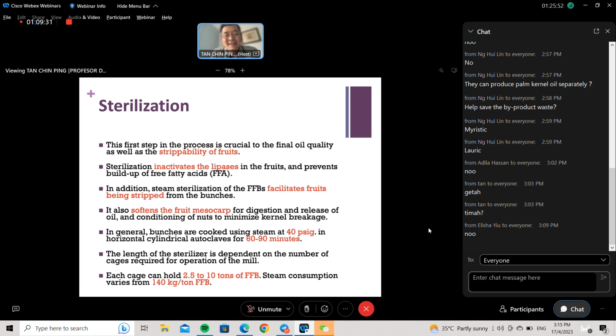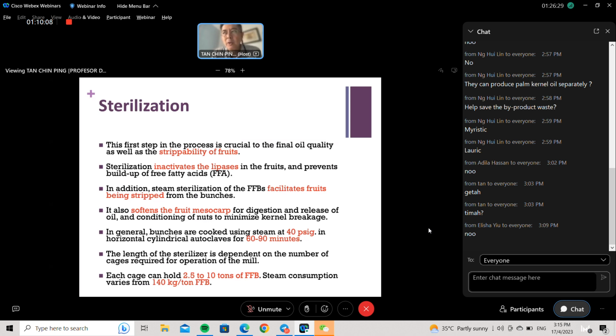Which is to inactivate the enzyme lipase in order to prevent buildup of FFA. The higher your FFA, eventually you are going to have much higher losses of oil, because FFA means that you already hydrolyzed the TAG. So your TAG hydrolyzed, so you have also increase of FFA, DAG, also MAG.